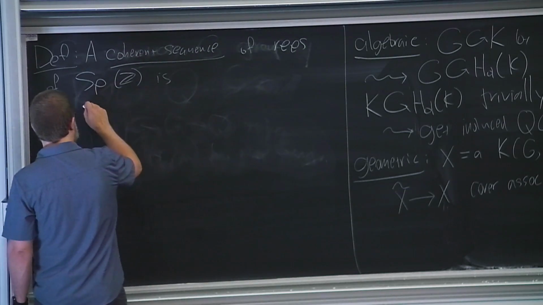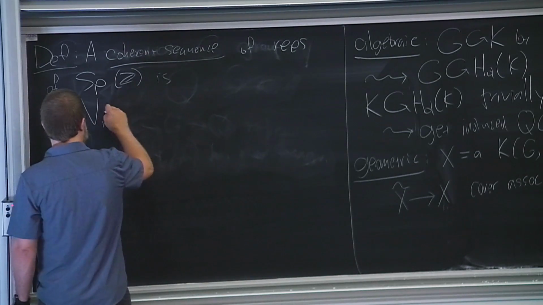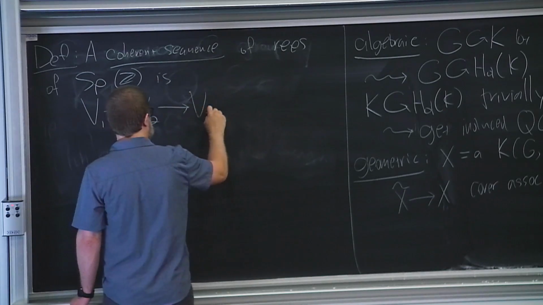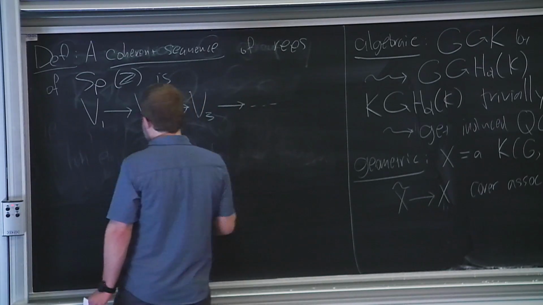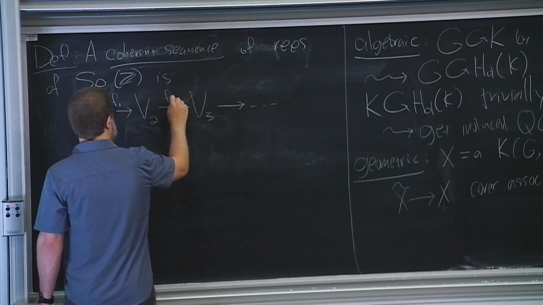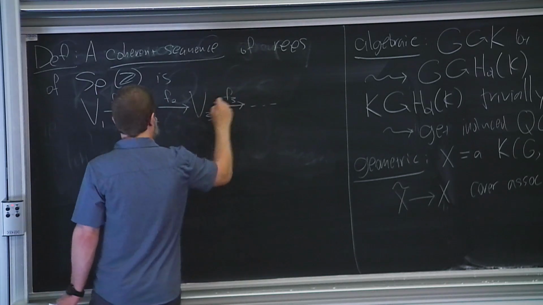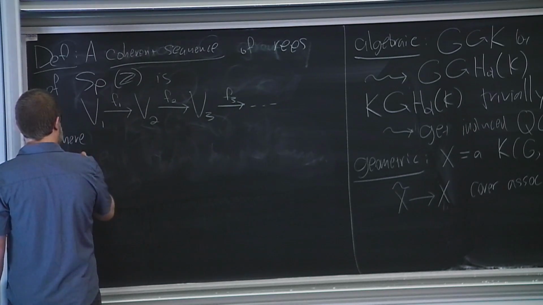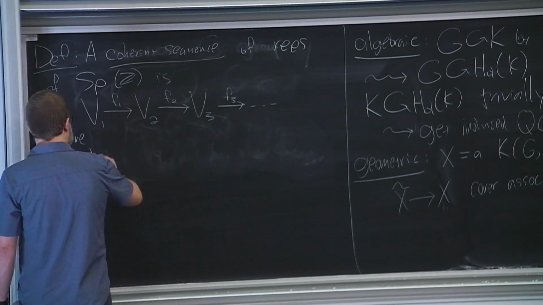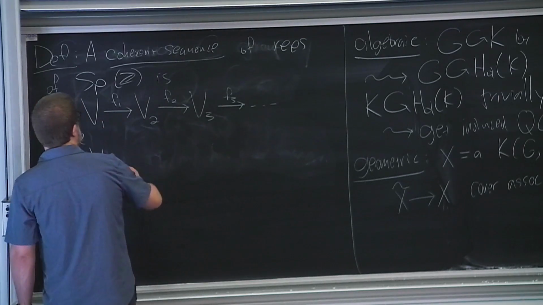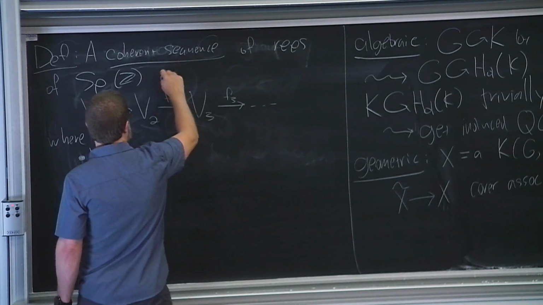We have V1 going to V2, going to V3, and so on and so forth, and then we have these maps F1, F2, F3, where first, each V sub g is a representation over a field.